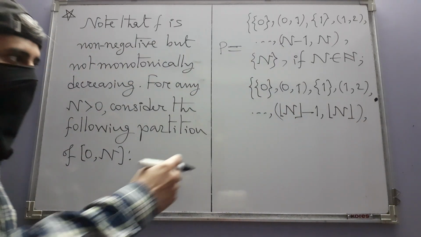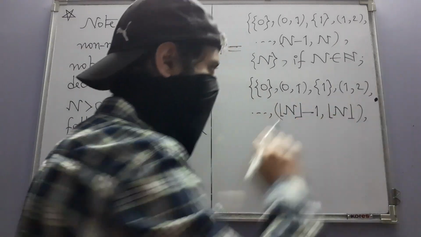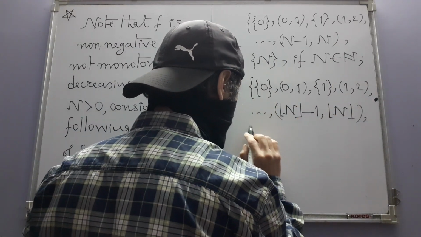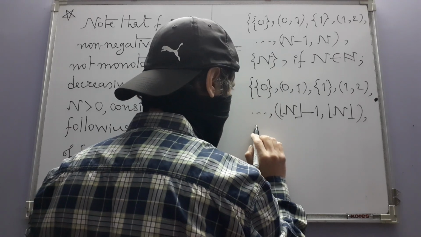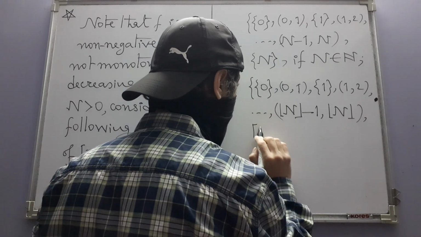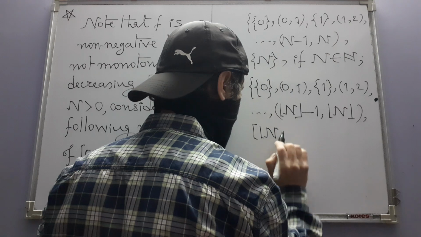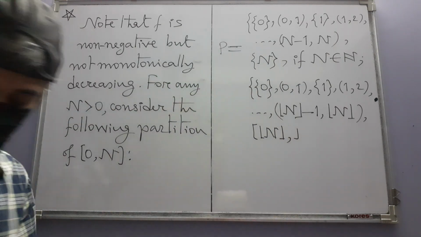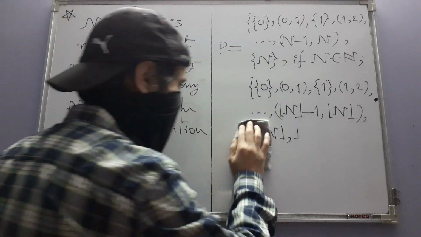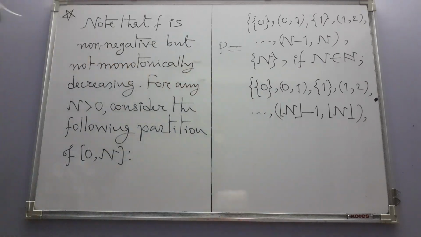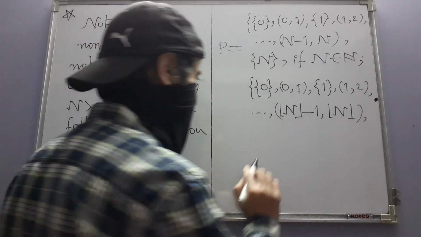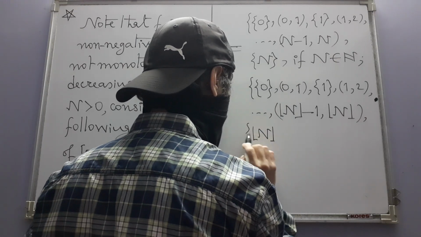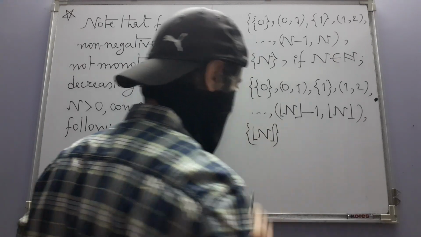But then we do not have just one point more to consider. We have this interval instead. Closed floor n, hold on. No. Floor n itself is also an integer, so it has to be considered separately.